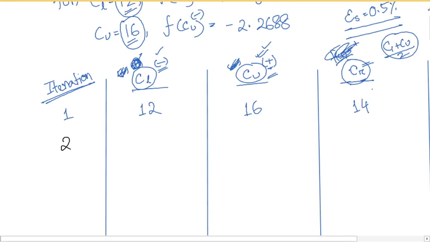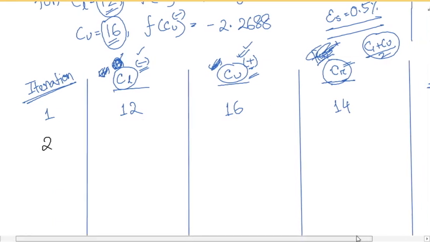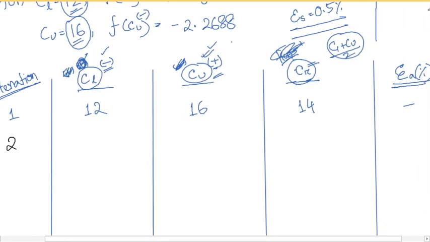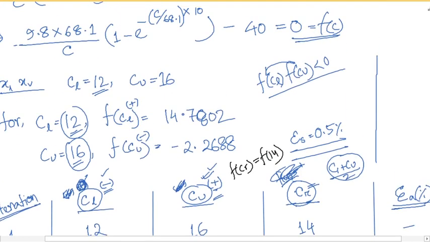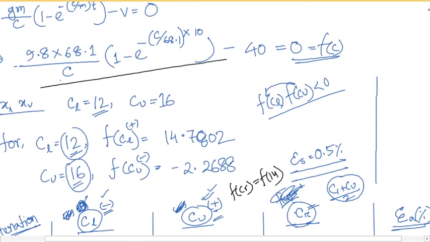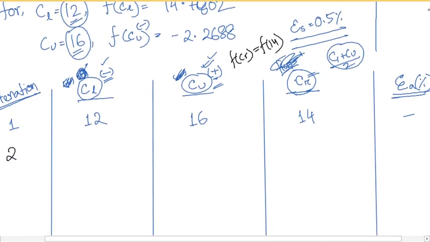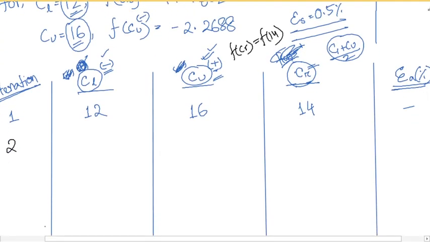Now in the next iteration, we'll be trying to get the value of F(CR), that is F(14) in the equation. In this equation we'll be putting the value of C as 14. We just need the sign of F(CR), whether it is positive or negative.